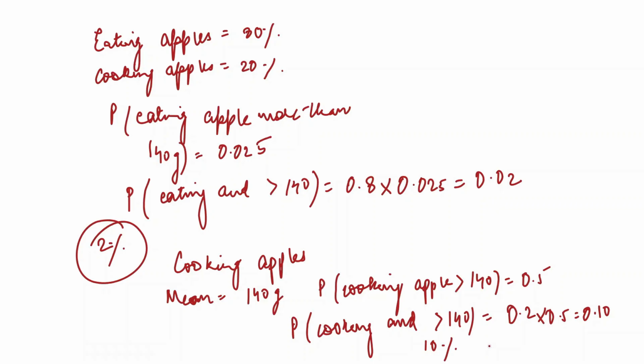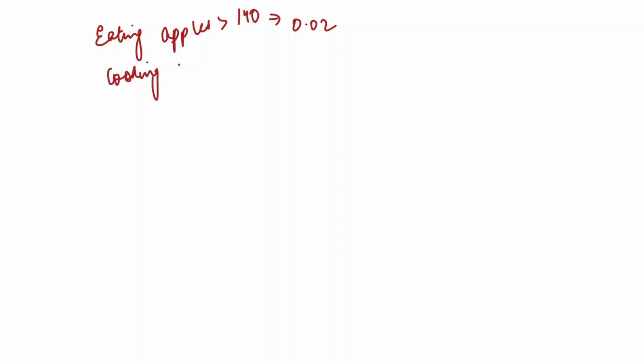Okay. Now, let's find out the total apples in the container. So, the container contains eating apples greater than 140, that is 0.02, and cooking apples greater than 140, which is 0.10.